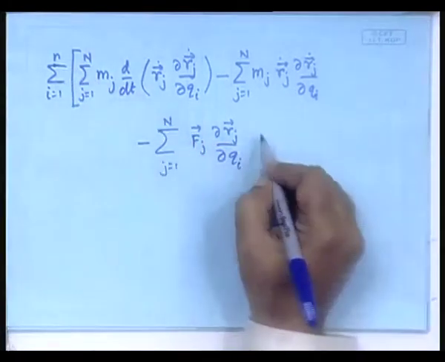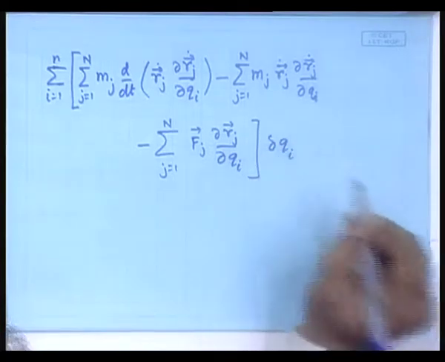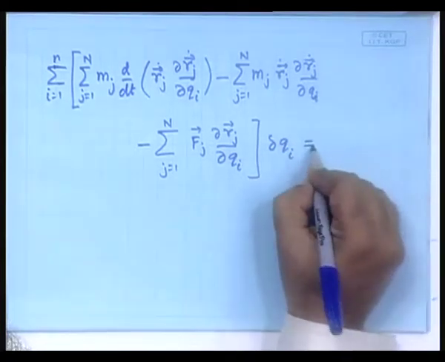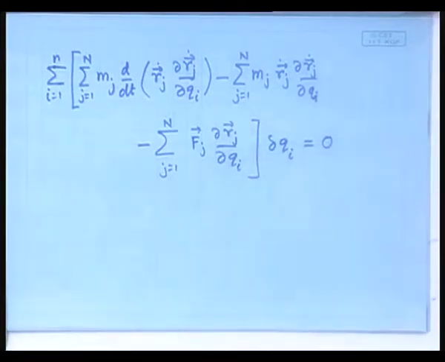Now, this bracket will be closed times your generalized coordinate, generalized admissible motion, is equal to 0.